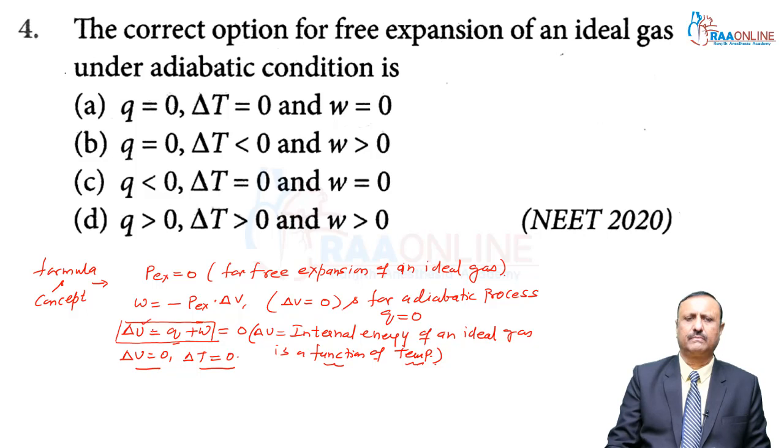And delta U is the internal energy of an ideal gas, a function of temperature. So delta T is also equal to 0. So, my dear students, for question number 4, option A is the correct answer. Here Q is equal to 0, delta T is equal to 0, and W is equal to 0.